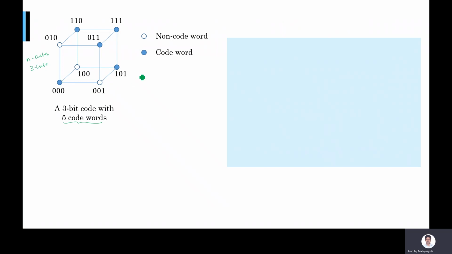So what is my code? My code has 5 code words: 000, 011, 101, 110 and 111. This is my code. Okay, I have defined my code like this arbitrarily, just an example to make you understand the concept here.